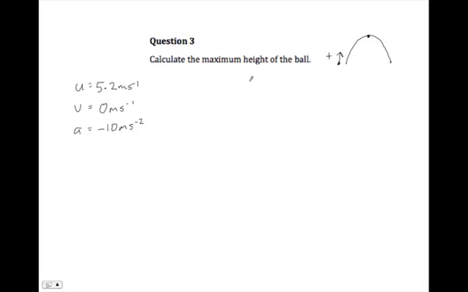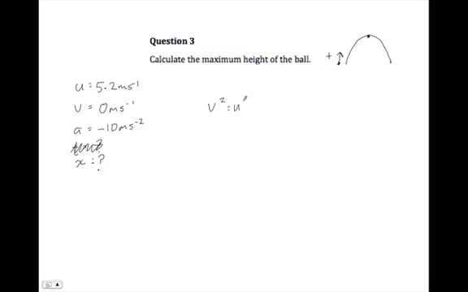Accelerations are acting downwards, so therefore it has to be negative. And we want to know time. Okay, so v squared equals u, sorry, we want to know x. I'm looking at the wrong question. We want to know x.